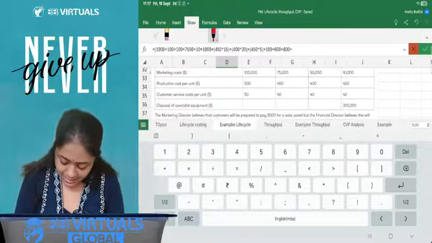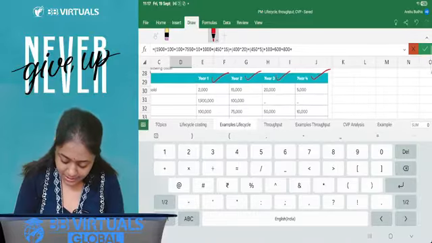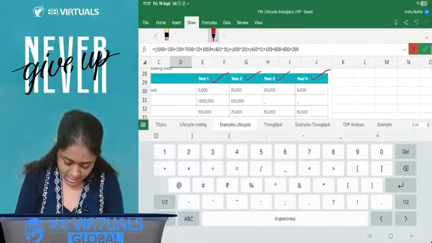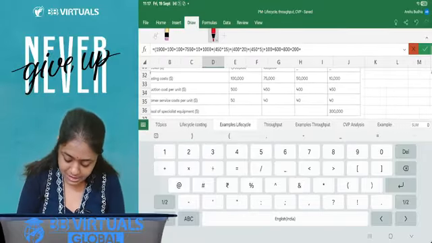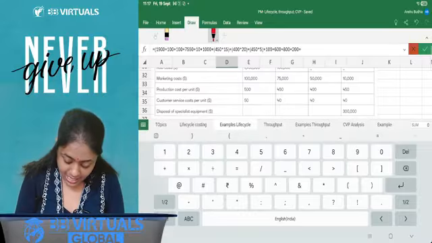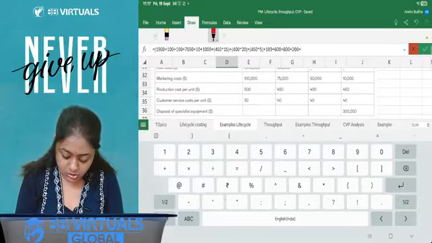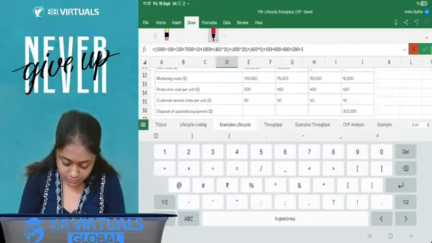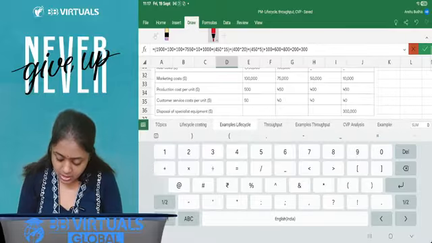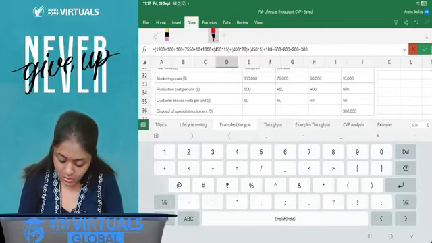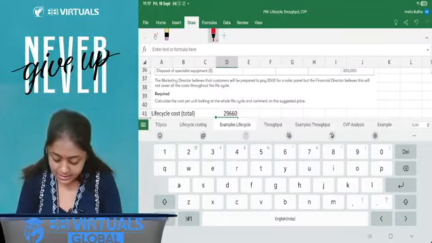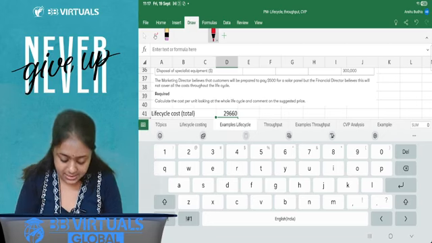Then again 40 multiplied by 5, 200. Are there any further costs? Let me check further. Yes, we have the disposal cost also. The disposal cost is 300, figures in thousands. Now I can close the bracket, and the total life cycle cost that we are getting is 29660.